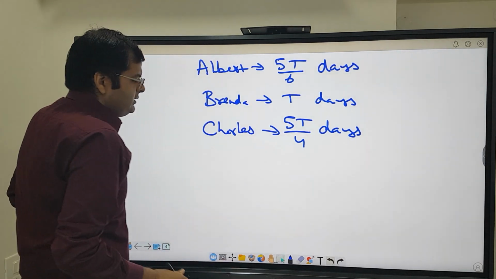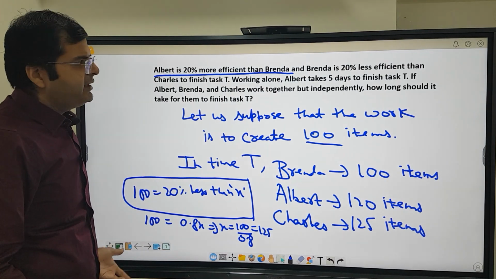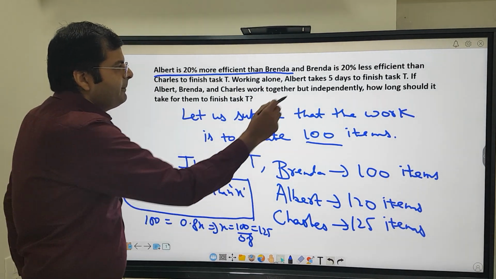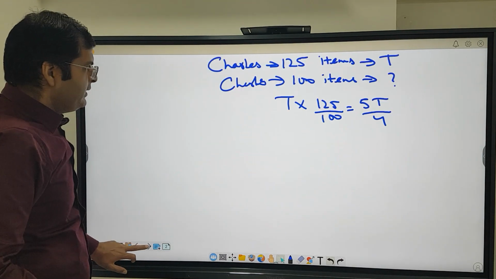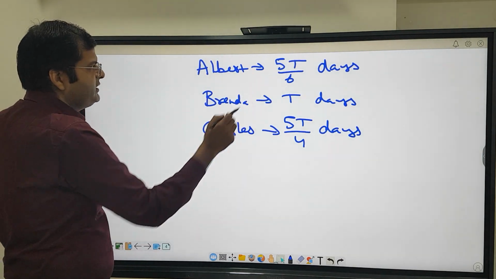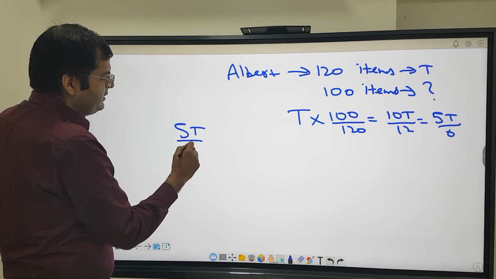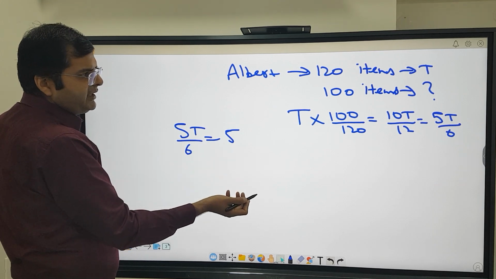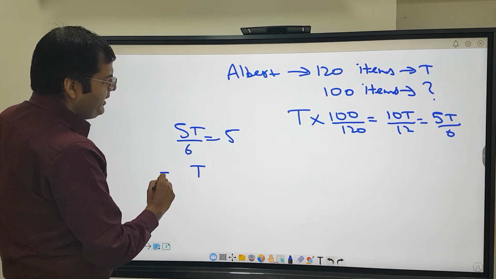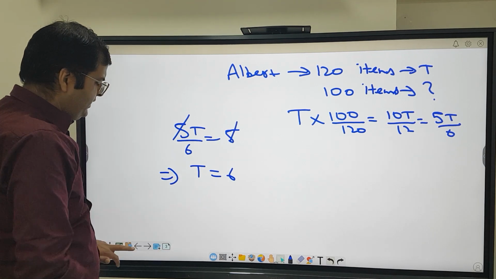Now the question is, when all three work together, how much time should it take to finish the task completely. But Albert takes 5 days working alone. So 5T upon 6 should be equal to 5. So what do I conclude? That T is equal to 6.